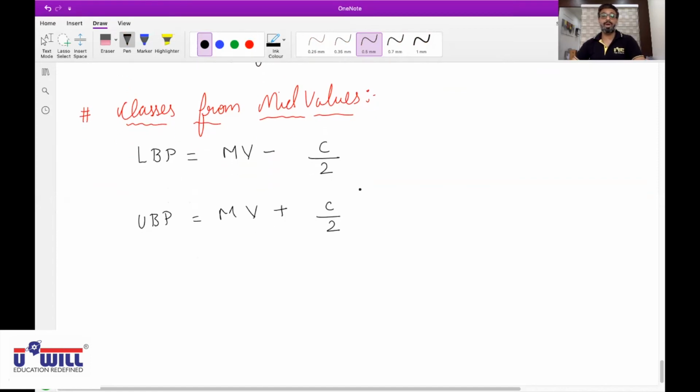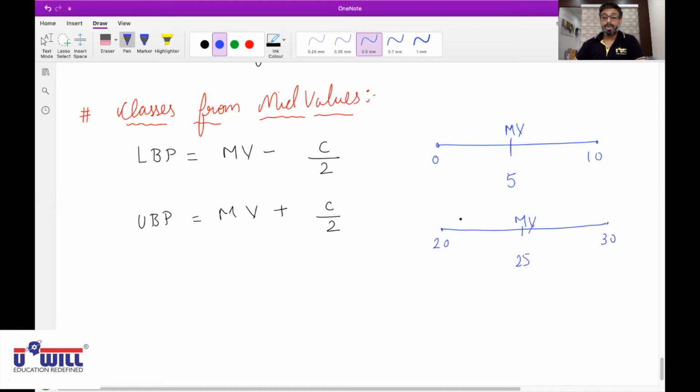Now, why this formula and how this formula, understand it. Suppose your class is from 0 to 10. Then mid value will be 5. Okay, one more example. Suppose your class is from 20 to 30. Then mid value will be 25. Now, what is the class length?